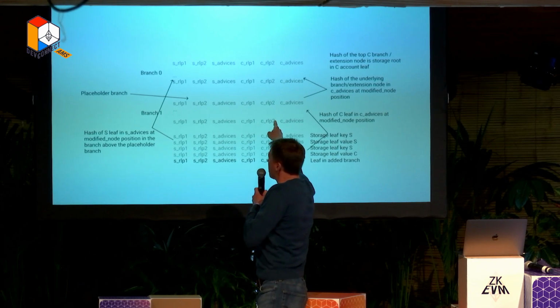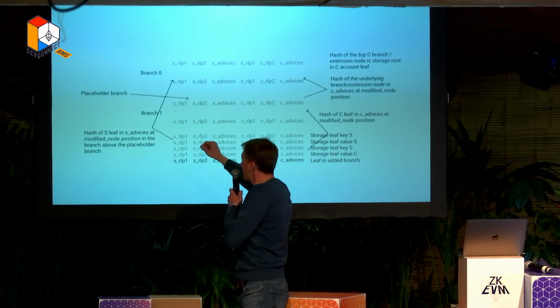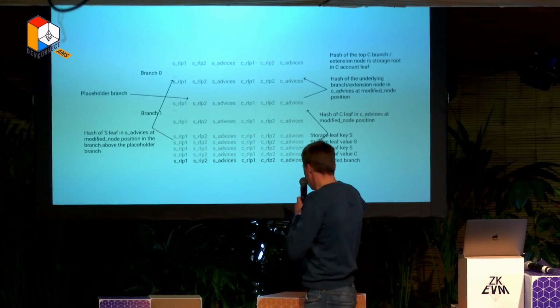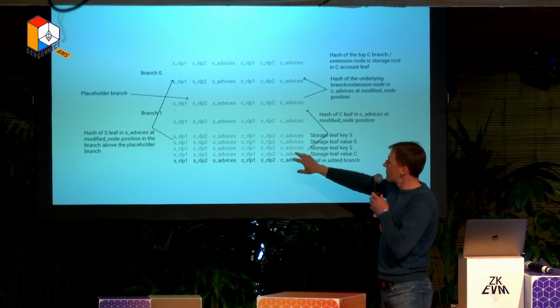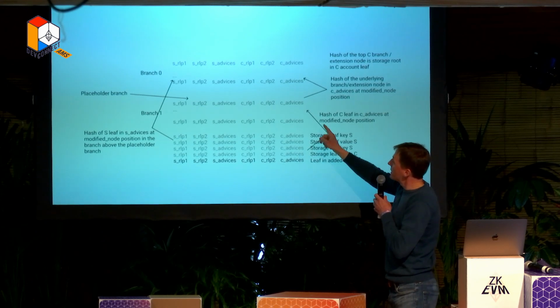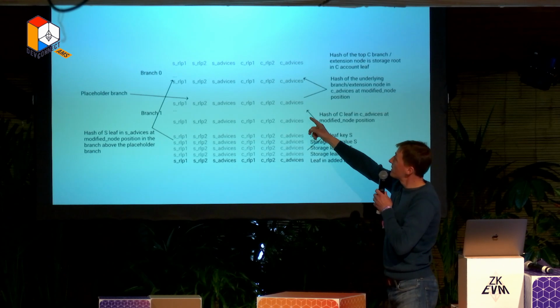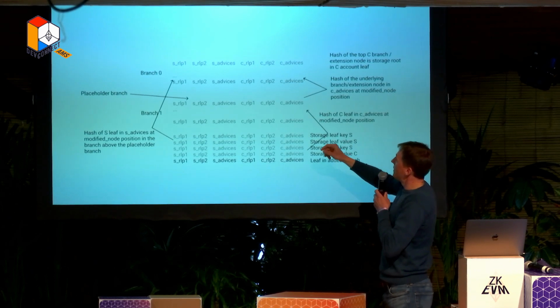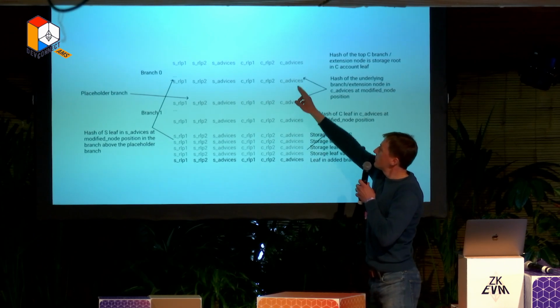Yeah, and the circuit just uses some placeholder values at this side, and the constraints then go like this. The leaf on the right side needs to be checked. The hash of the leaf needs to be checked to be here at the proper position, and then the hash of this branch needs to be at this position where the branch was inserted.